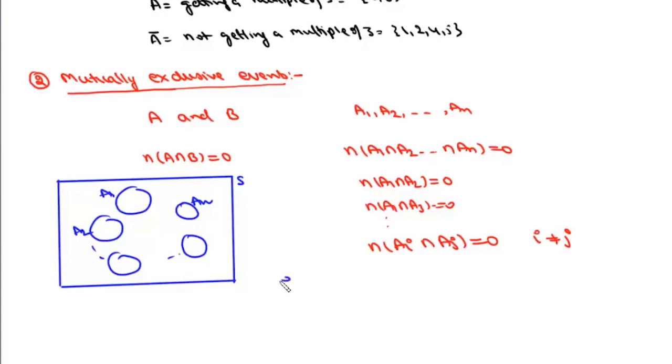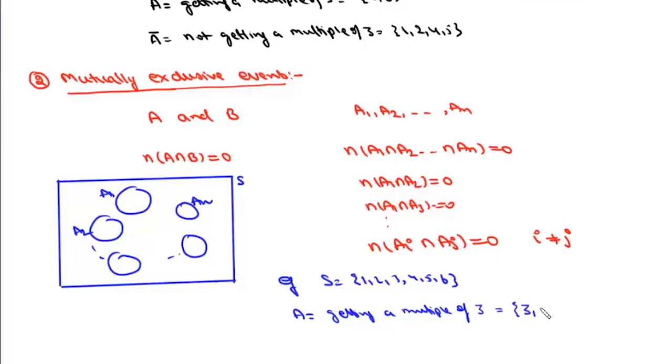Say for example, again we'll take this simple case, rolling a die, sample space 1, 2, 3, 4, 5, 6. Now we have this event A, which is getting a multiple of 3. Now getting a multiple of 3 is 3 and 6, and suppose B is getting a divisor of 4.